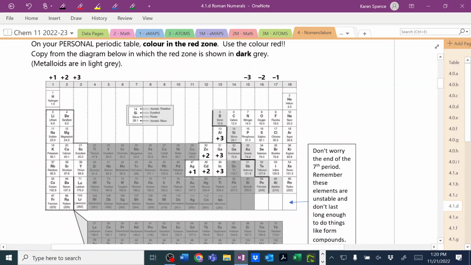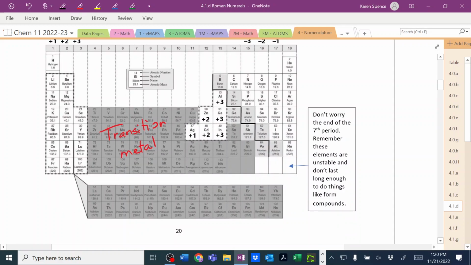I call it the red zone, although because we cannot photocopy and color, yours will be the dark gray zone, okay? The gray zone is all of the, what do we call these metals in the middle? These are the transition metals. All of the, what are these guys down at the bottom called? Lanthanides and actinides.